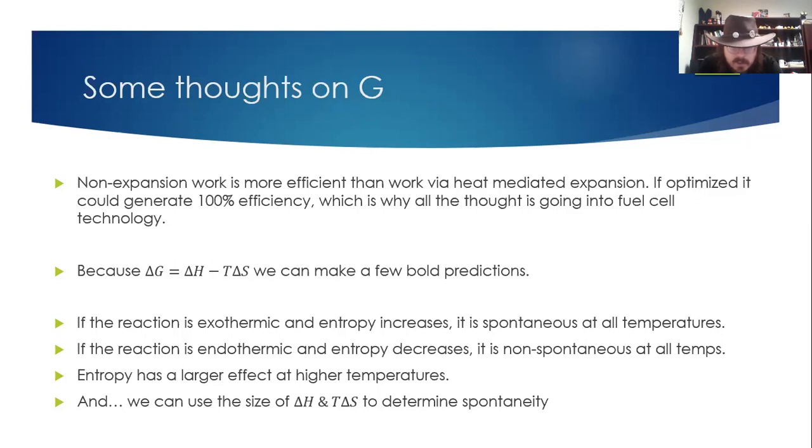Entropy has a larger effect at higher temperatures, and we can use the size of delta H and T delta S to determine whether it's spontaneous or not. Those seem the simplest statements we could make, considering this is PChem we're talking about.